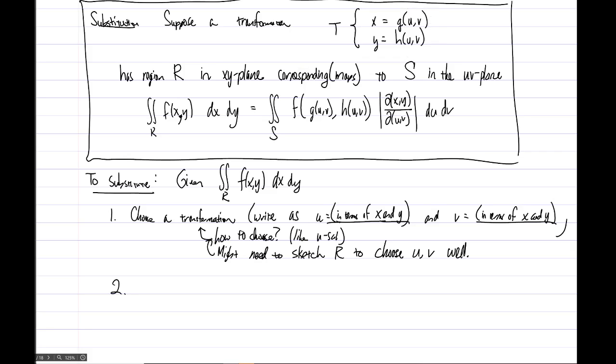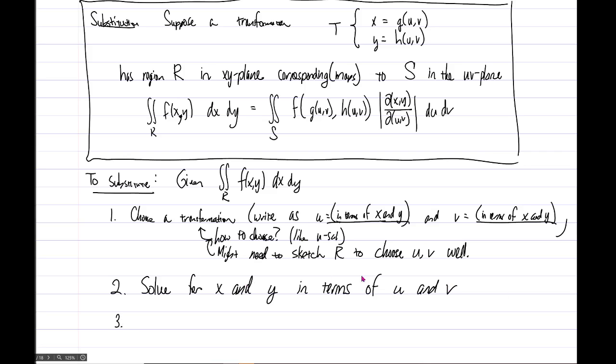Step 2, and then here's step 2 is what's going to bring it into this fashion of x equals a formula with u and y equals a formula with u and v as well. So what we'll do is we'll solve for x and y in terms of u and v.